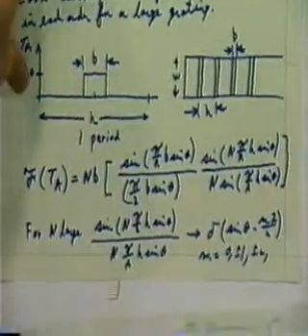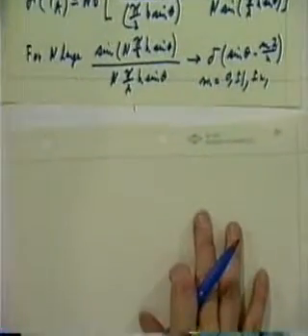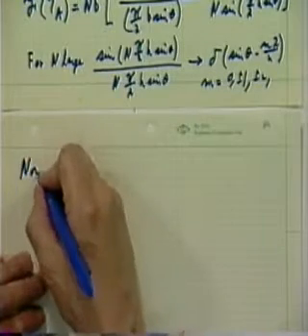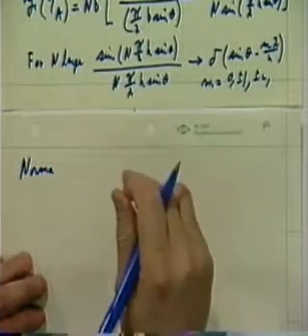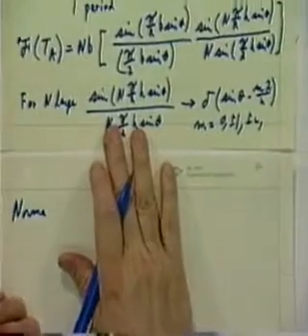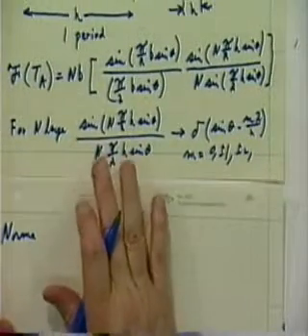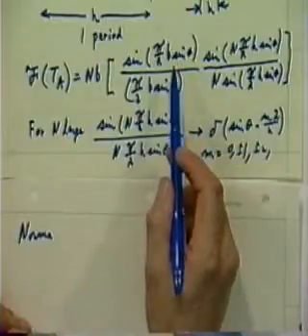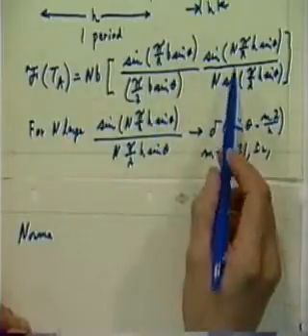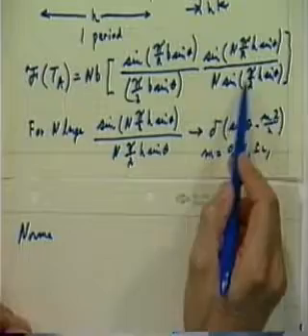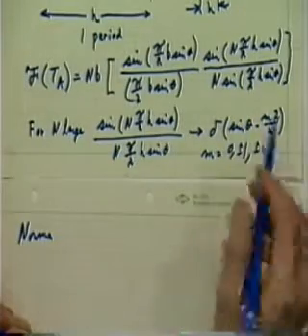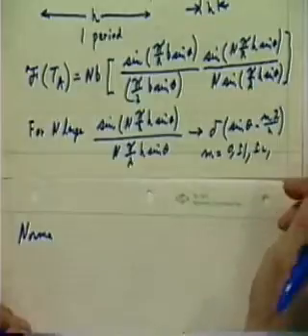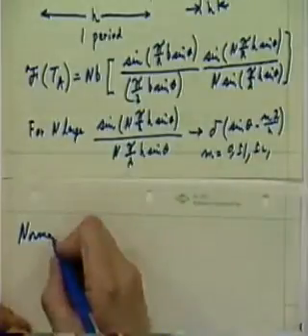So we can write here, going back to the Fourier transform, the normalized Fourier transform. So this was just our sinc function, and then we had the sine of n something times n sine of that something. And we're going to let n become large.